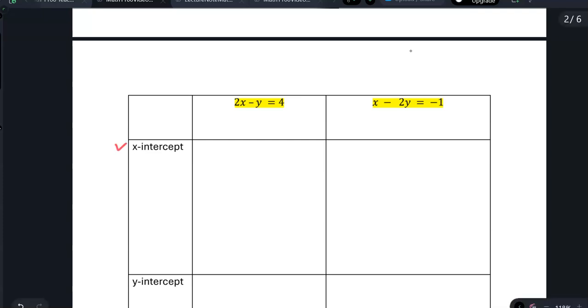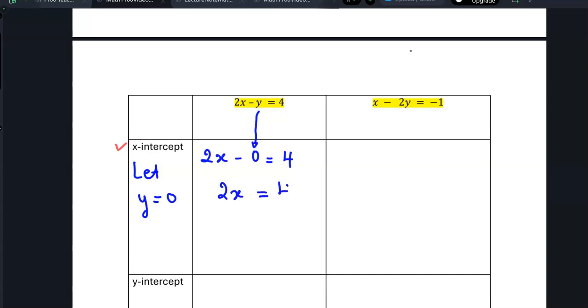Okay, so x-intercept means I have to let y equal to 0, right? You let y equal to 0, and then you substitute this value into this equation to solve for x. So I have 2x minus 0 equal to 4. So where y is, I substitute 0 in. So then I have 2x equal to 4. Solve for x, divide both sides by 2.